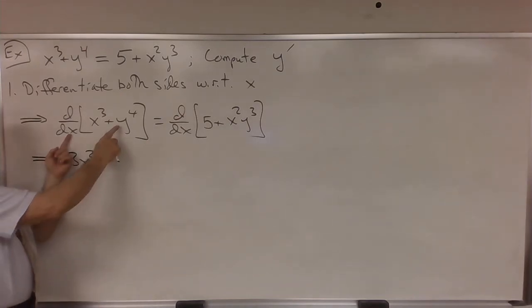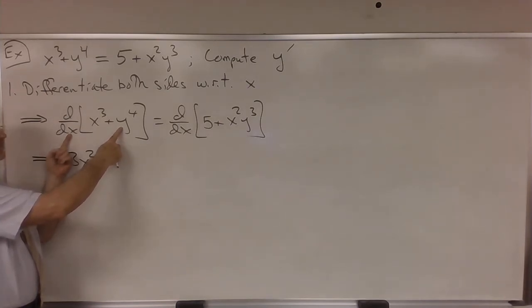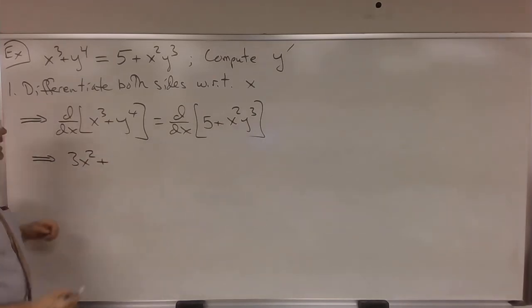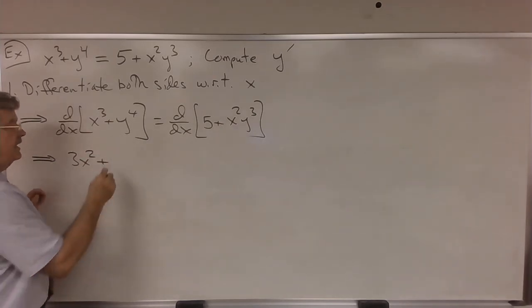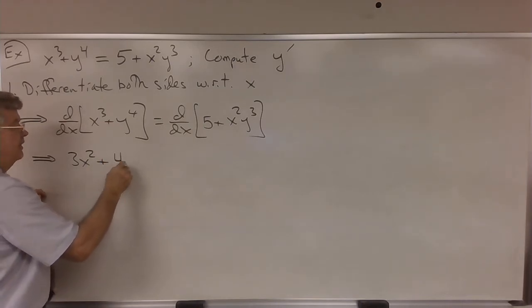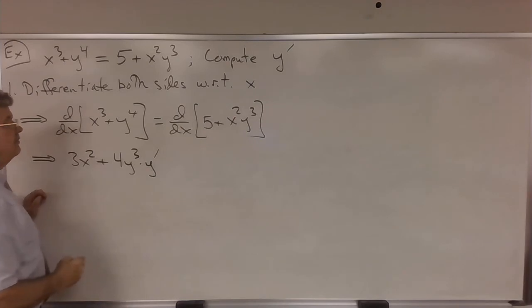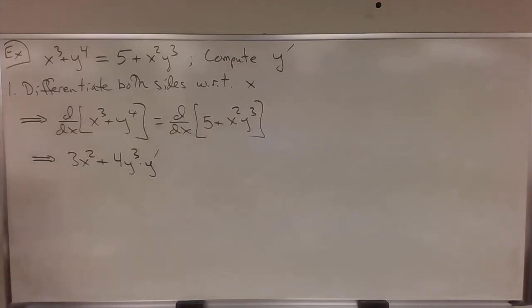Then we move on to this term. The variables are different, so we view y as a function of x. This is a function raised to a power, so we have to use the chain rule. So we have the power rule as usual times the derivative of the inner function.